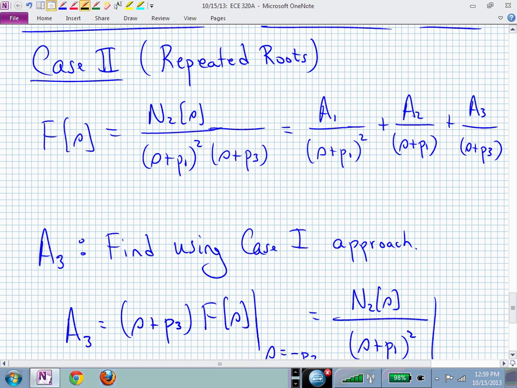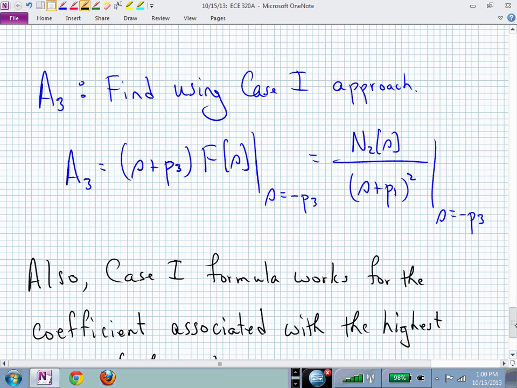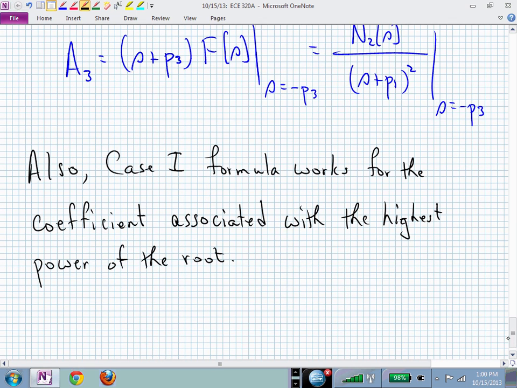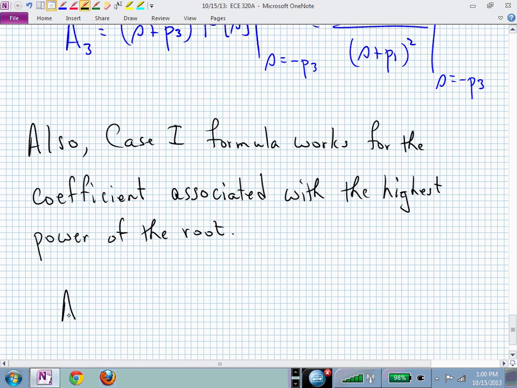So if I'm Monty Hall, I've already opened up one of the doors with a goat. Now it's your turn to pick the winning door. A1 or A2? I want to find the coefficient associated with the highest power of the root. That's the A1. And I can just use the same approach that I've used for the distinct roots.